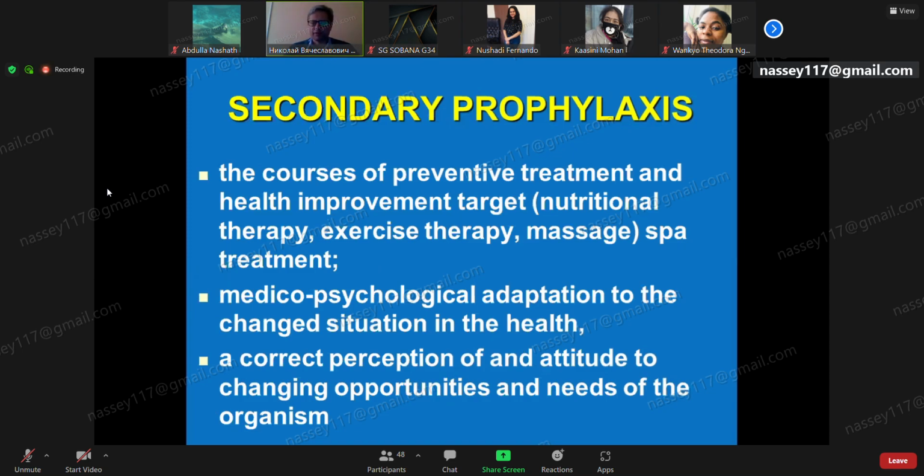Also, secondary prophylaxis includes courses of preventive treatment and health improvement, so-called nutritional therapy, special diet recommendations, exercise therapy, massage procedures, or other physiotherapeutic procedures, and spa treatment too.